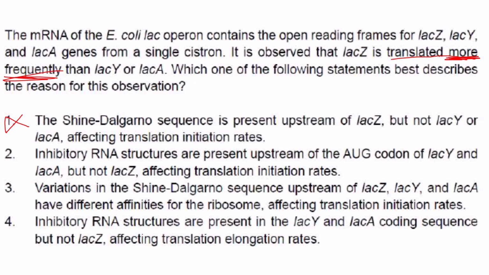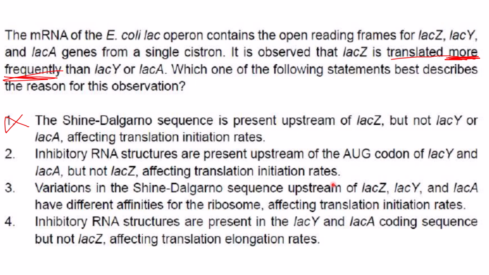Then the next one. Inhibitory RNA structures are present upstream of the AUG codon of lac Y and lac A, but not lac Z, affecting translation initiation rates. Now, if inhibitory RNA structures are present upstream of the AUG codon of lac Y and lac A, then they will not be translated at all.